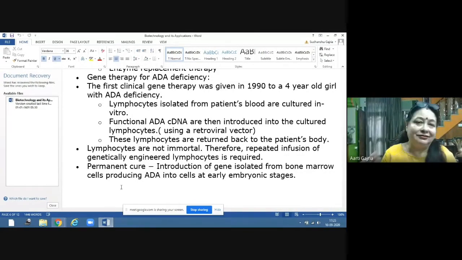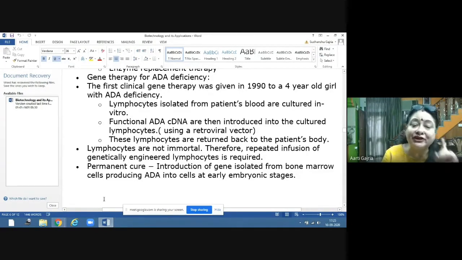The life of lymphocytes is not for the lifetime, because they keep regenerating in our body. So you need to infuse those lymphocytes repeatedly into the patient's body. Therefore, repeated infusion of genetically engineered lymphocytes is required.